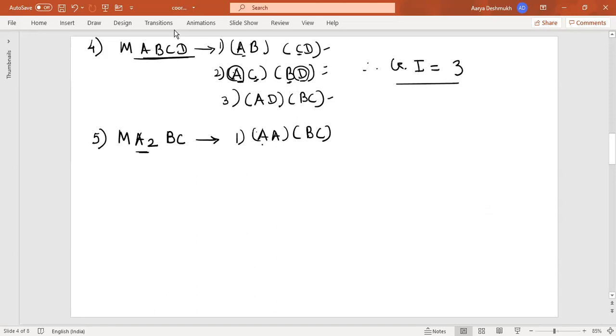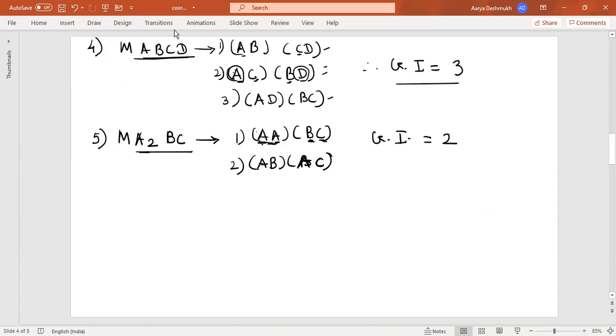There are 2 A, so the 2 A and B and C. Another combination you can write like this: A and B, and another is A and C. So just multiply this A to B, this A to C. This is the way you can write two possible combinations. There is no third combination possible. So geometrical isomerism possible in this MA2BC type of complex equals 2.